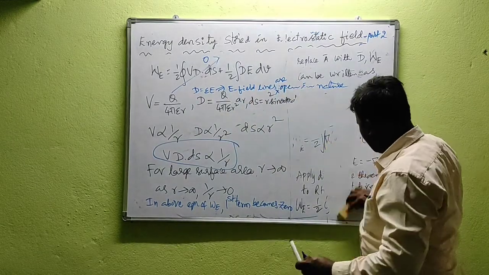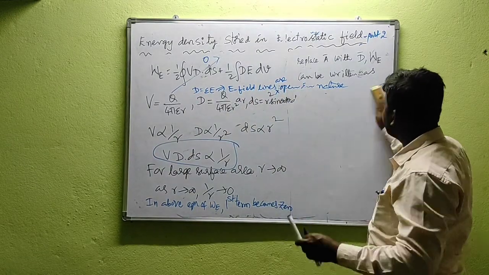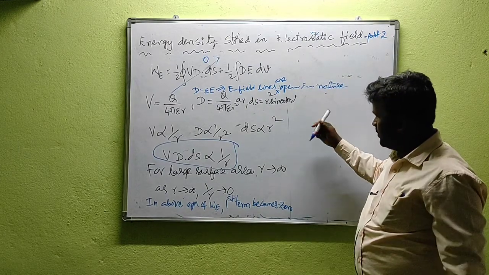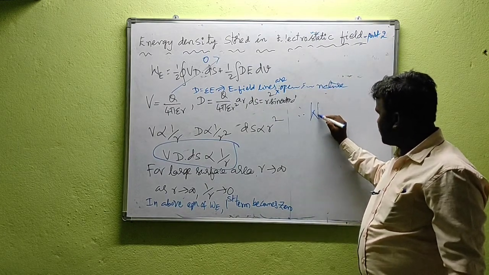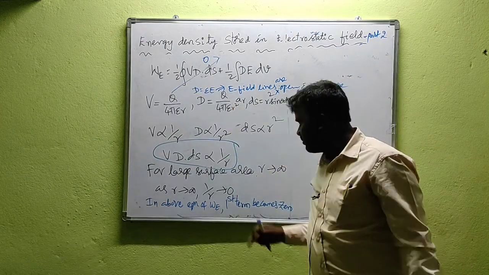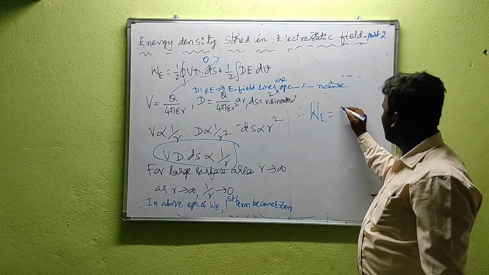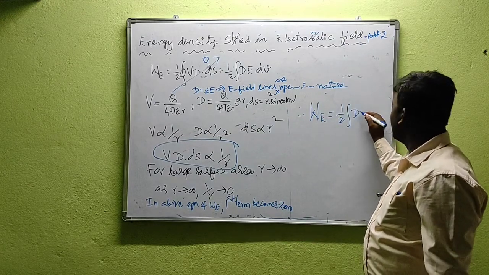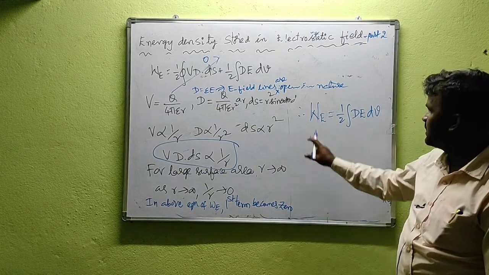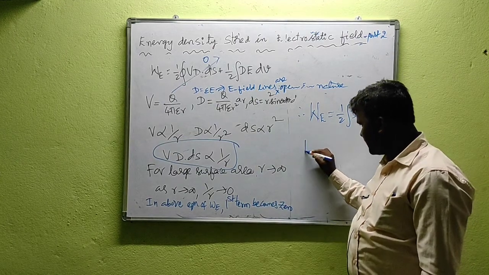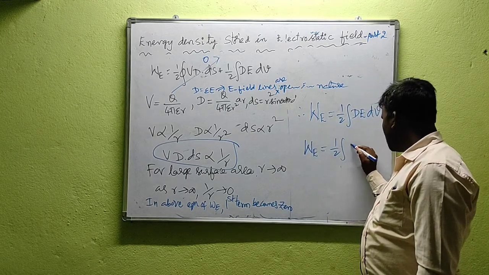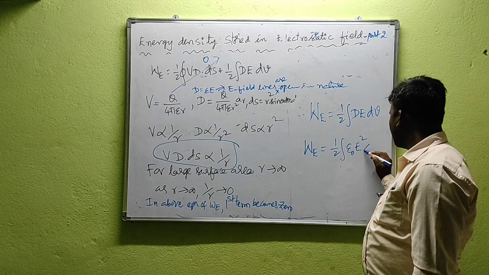So finally, after this step, as the first term becomes 0 in the equation of We, we have 1 by 2 integral D into E dV. So this is about We. Now this can be written as We is equal to 1 by 2 integral epsilon naught into E square into dV.